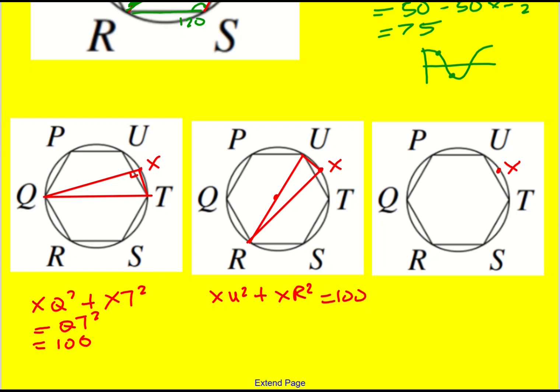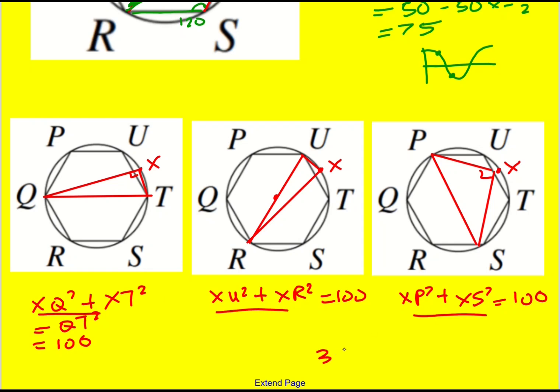I just need to use the final two, S to P. And once again, I've created a right angle triangle. XP squared plus XS squared is again going to be PS squared, which is the diameter, 10 squared, or 100. And if you add up all of these, you're clearly, again, going to get 300.